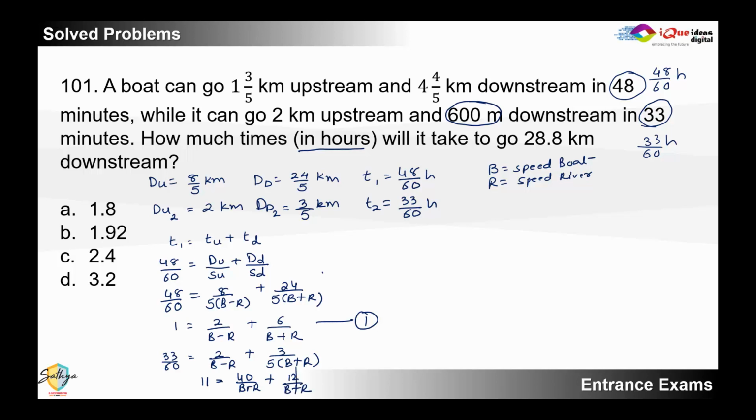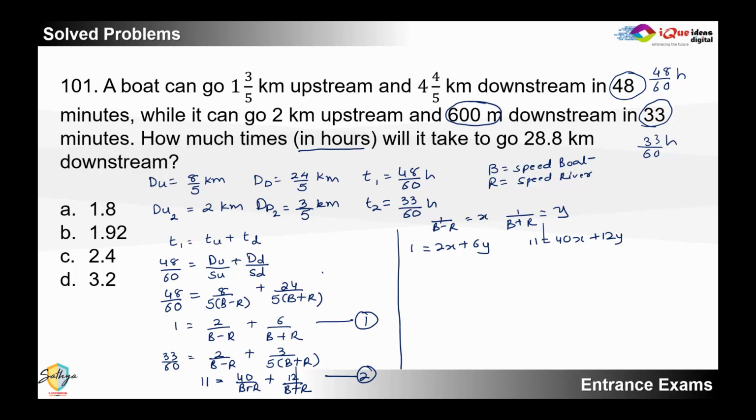Now, to simplify the first and the second equation, I'm going to assume that 1 upon (B minus R) is x and 1 upon (B plus R) is y. So my equations get converted as 1 is 2x plus 6y and 11 is 40x plus 12y.